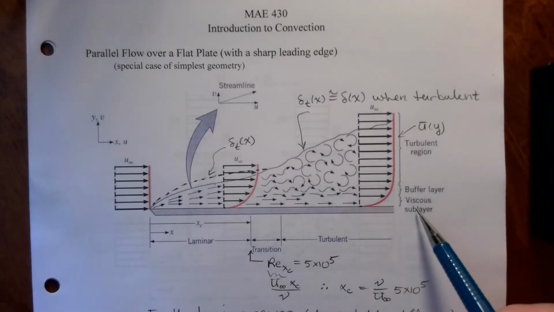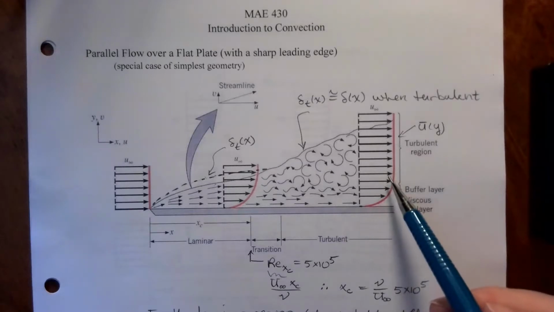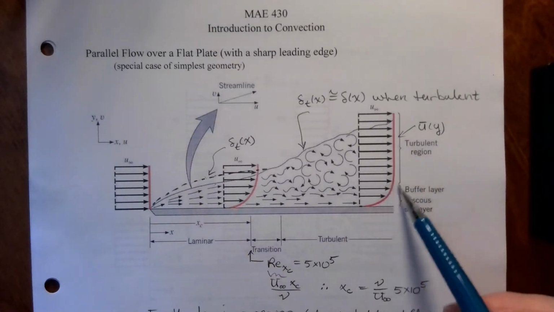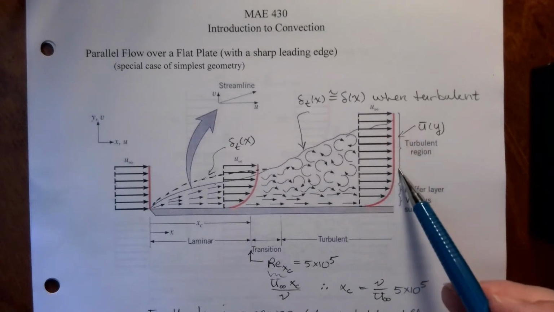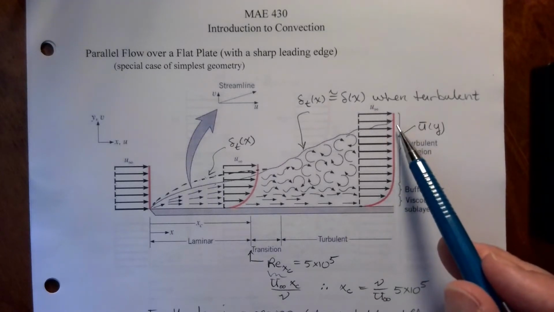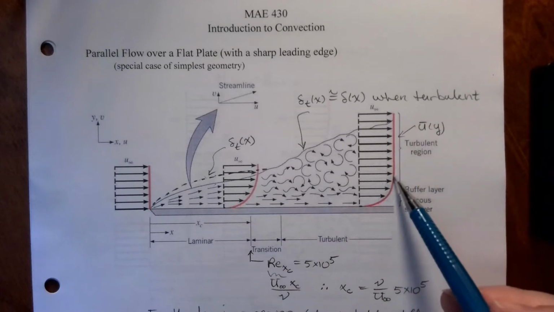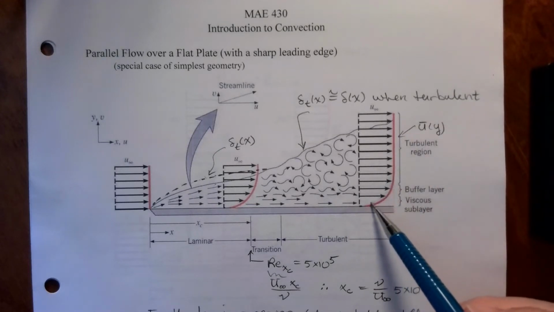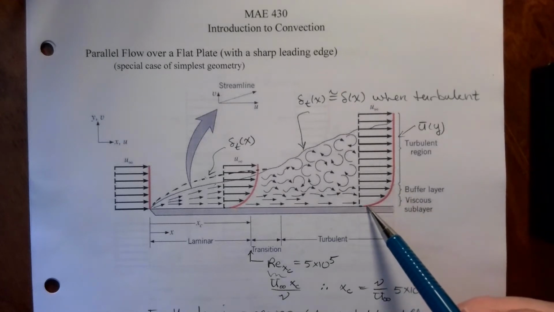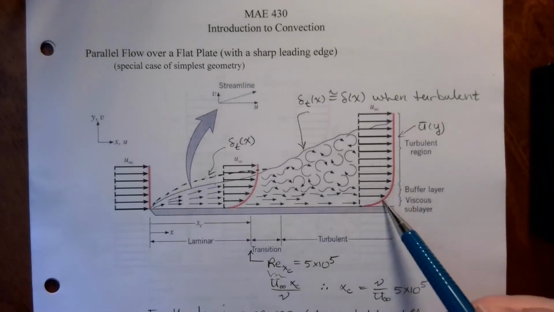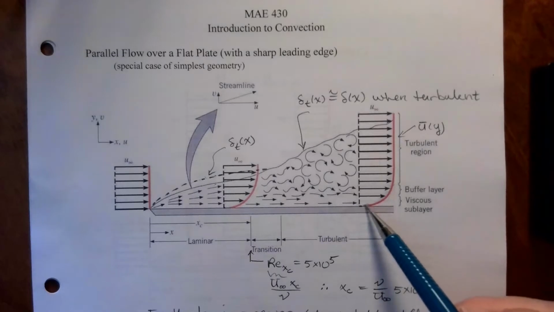There's also a buffer layer and a viscous sublayer. Inside the boundary layer, the flow on average is about the same, so it's fairly uniform throughout a large region here. Even though it's still less than 99% of T ambient, it's still very uniform. And then when you get close to the surface, there's a viscous sublayer where the gradient gets larger down near this surface.